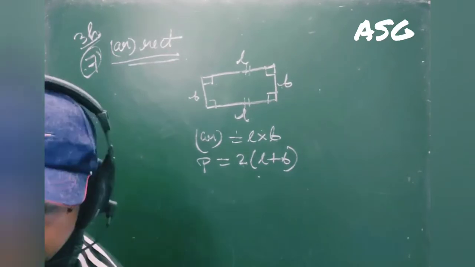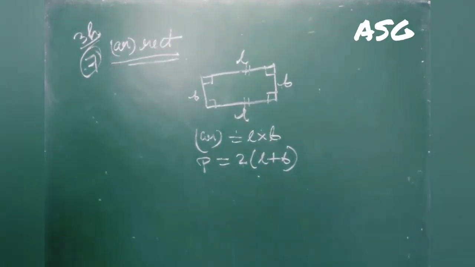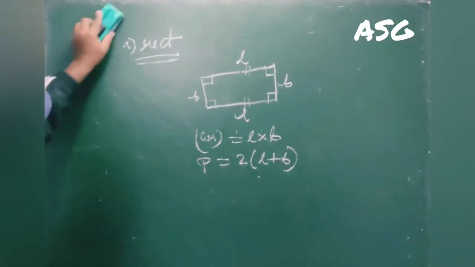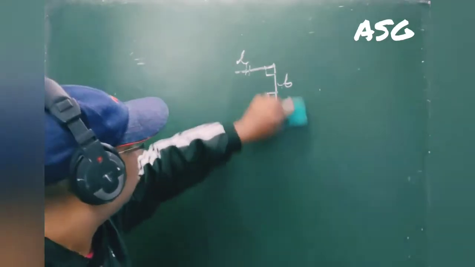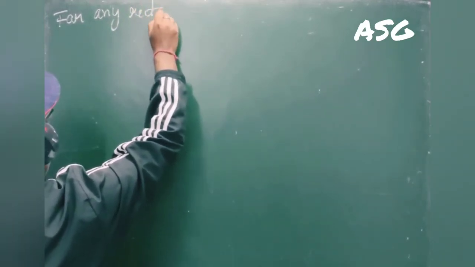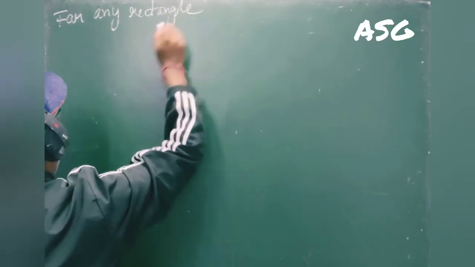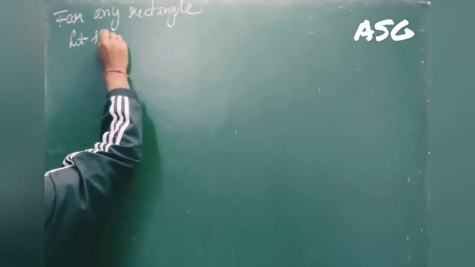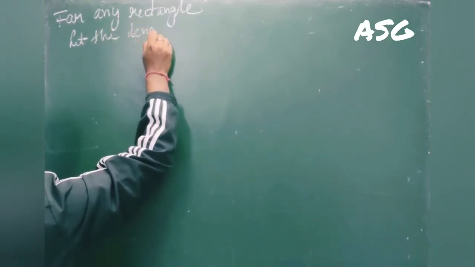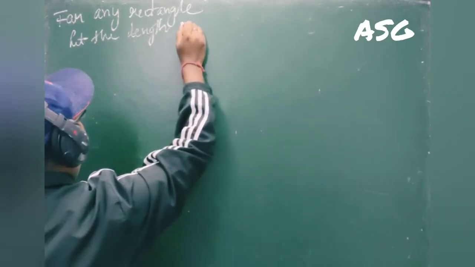Now slowly, I will explain this particular question. They said there is a rectangle which has a length, which has a breadth, and which has got area also. When we start with these kinds of sums, it's very simple. First, for any rectangle, let the length be L. You can take X also, whatever you feel like.